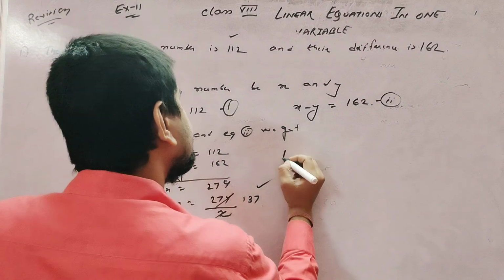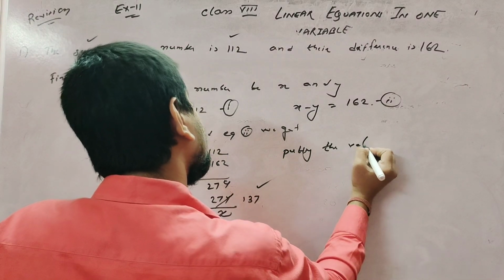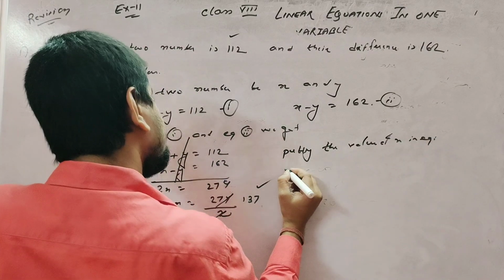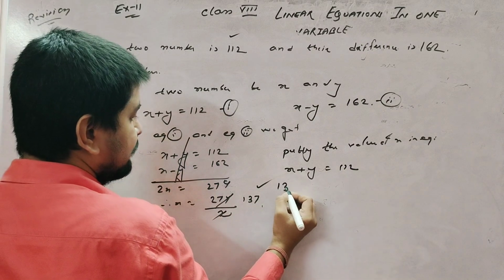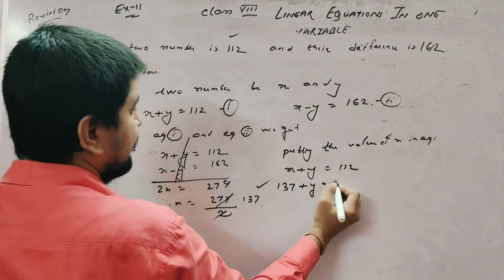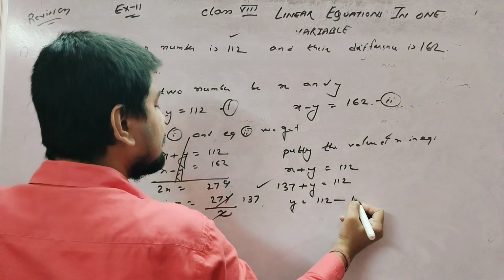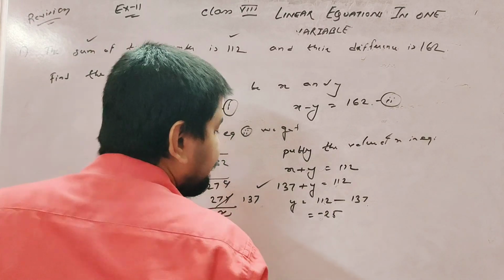Now putting the value of x in equation 1. Equation 1 is x plus y equals 112. So x is 137, plus y equals 112. So y equals 112 minus 137, that is minus 25.